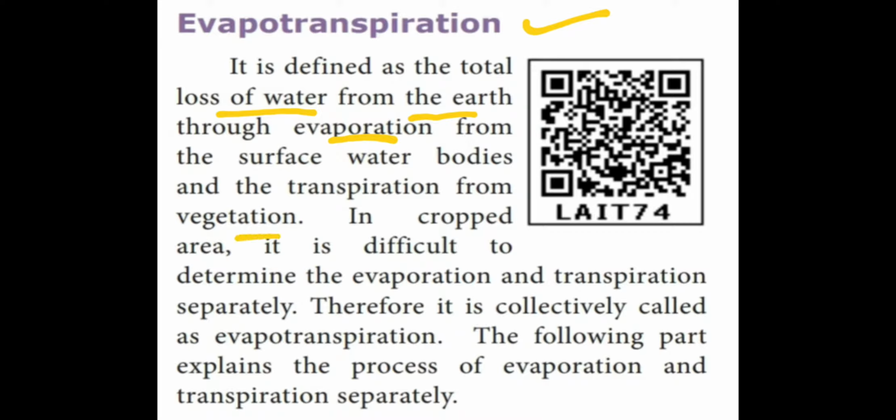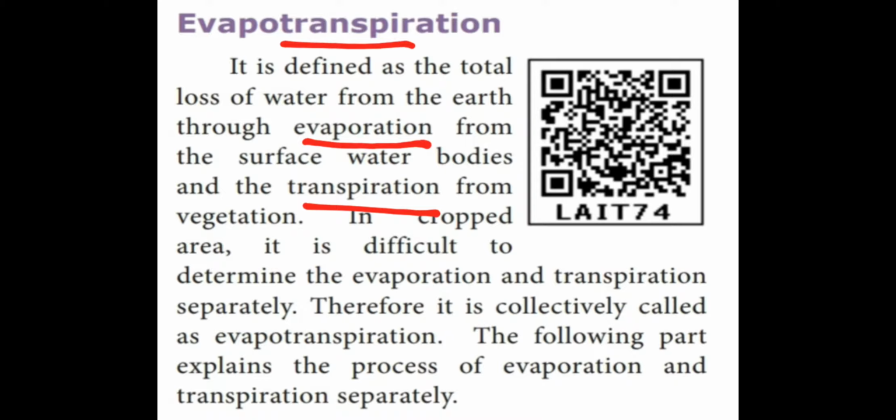First, from the water bodies, some water gets evaporated, and then transpiration occurs from vegetation. Vegetation is nothing but plants and trees. From plants and trees also evaporation happens, and that is called transpiration. So combined together, evaporation and transpiration together is called evapotranspiration.